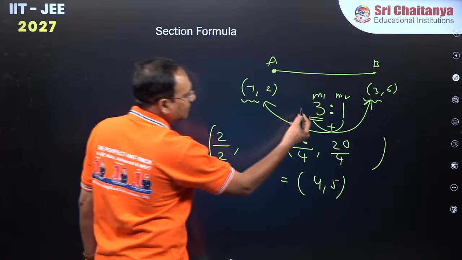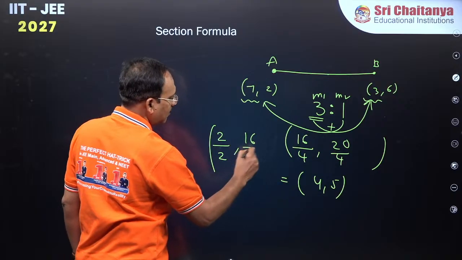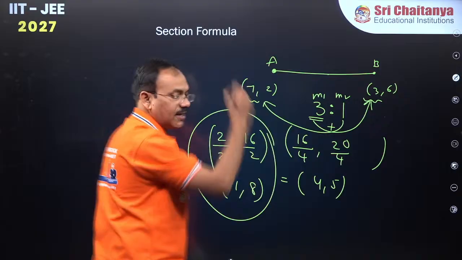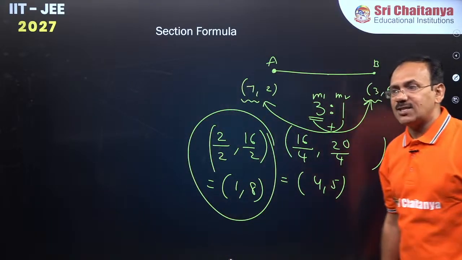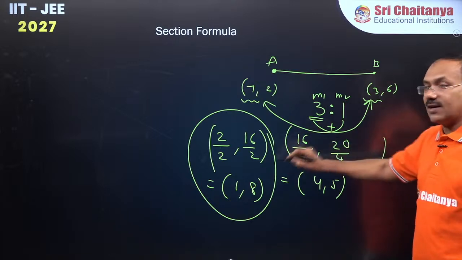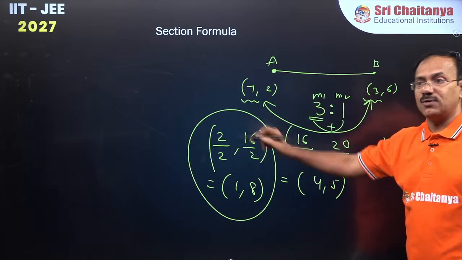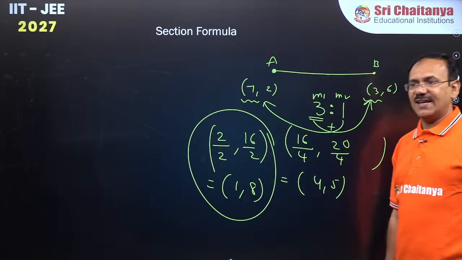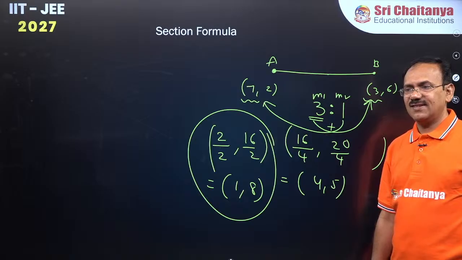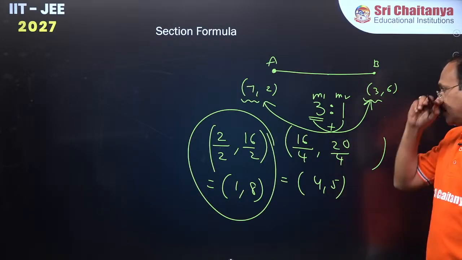Next, y coordinate. 18 minus 2, that is 16 by 2, which gives 8. 1 comma 8 is the answer externally. Please check your answer. Many of you have done minus in the numerator but not in the denominator. This is why you got 1 by 2 there. Clear? Fine? Okay? Fine, right.